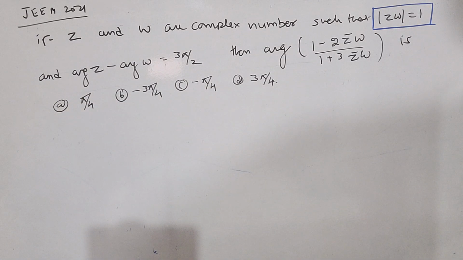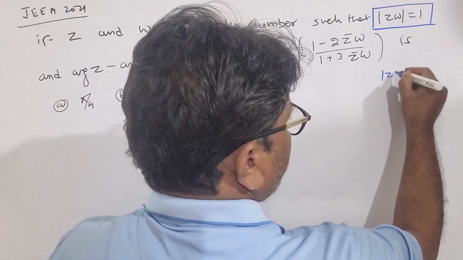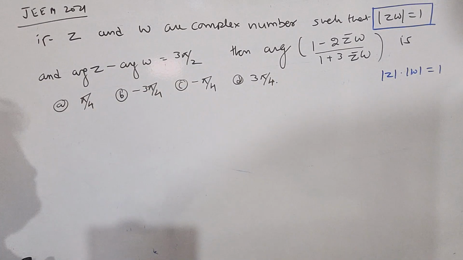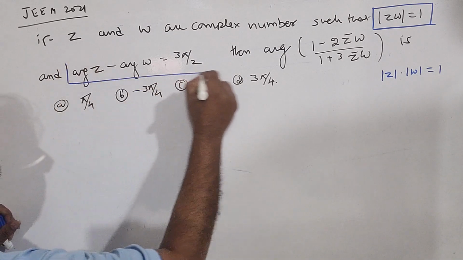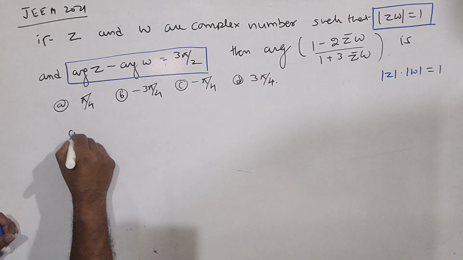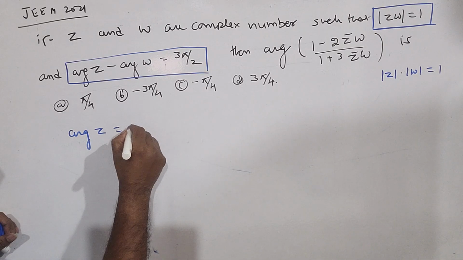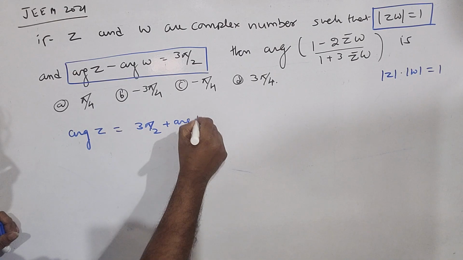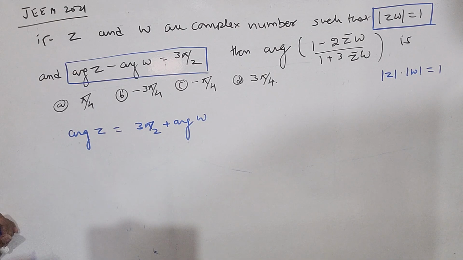So from here you can write modulus of Z into modulus of W equal to 1. But Z and W are not given. Rather, they are given this. We know that the argument of Z can be written as 3 pi by 2 plus argument of W. Correct?